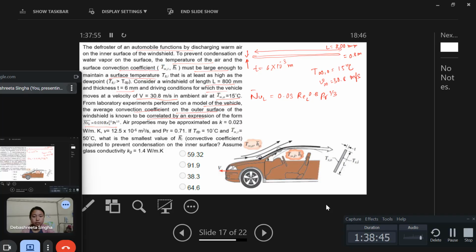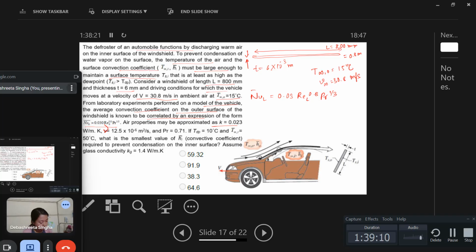Okay, then air properties may be approximated as k is equal to 0.023 watt per meter Kelvin, and nu, the kinematic viscosity, is given as 12.5 into 10 to the power minus 6 meter square per second, and the Prandtl number is given as 0.71.